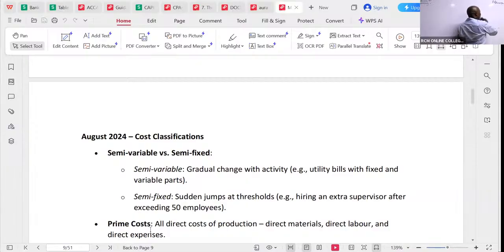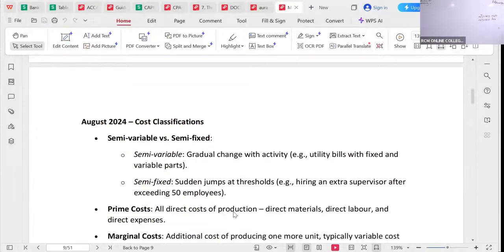They're direct and they're variable. So what is a prime cost? Direct materials. Another one? Direct labor. Anything that is direct. Even if they say direct overhead, still that will be a prime cost. So prime cost, we are told, these are all direct costs of production: direct materials, direct labor, and direct expense.